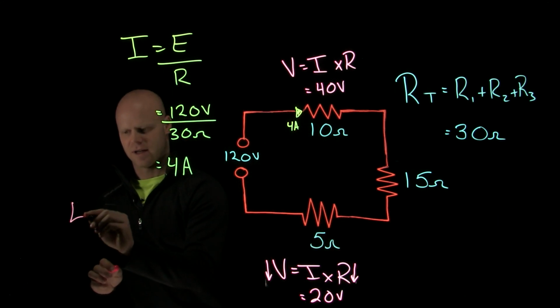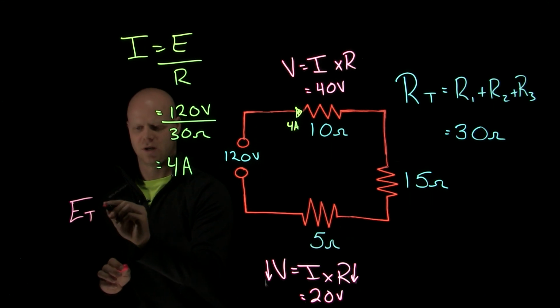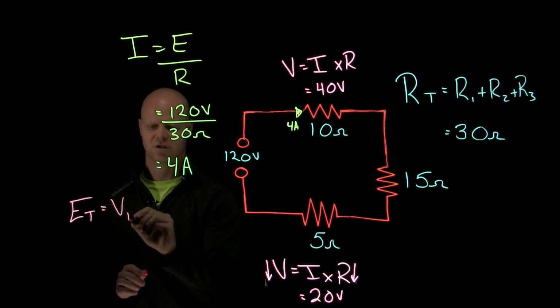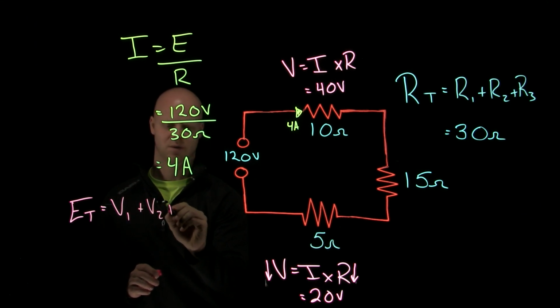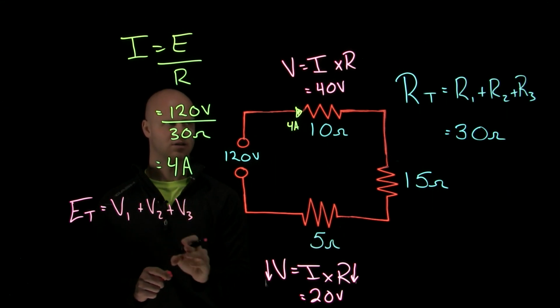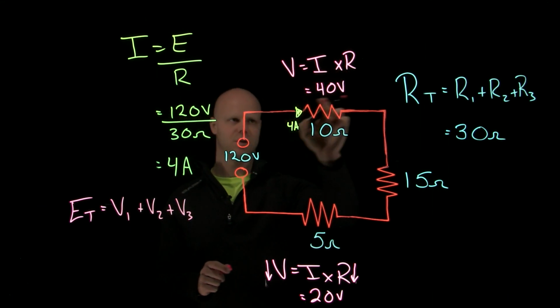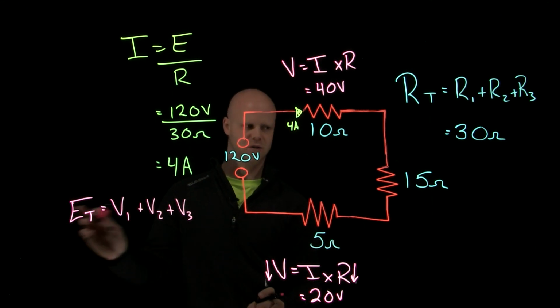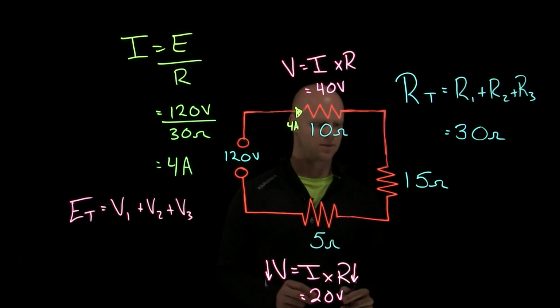So if I come over here, let's look at this a different way again. Kirchhoff's voltage law said my total applied EMF has to exist within this circuit. So the voltage of 1 plus the voltage of 2 plus the voltage of 3 all has to equal 120 volts. I have 40, we used the calculation, we looked at the relationship, so let's look at Kirchhoff's voltage law to determine what exists here.